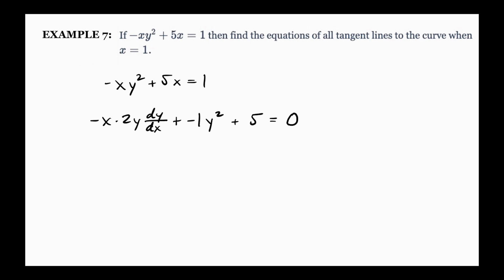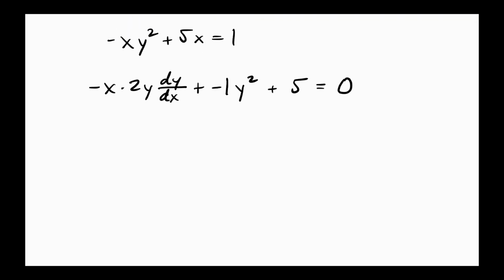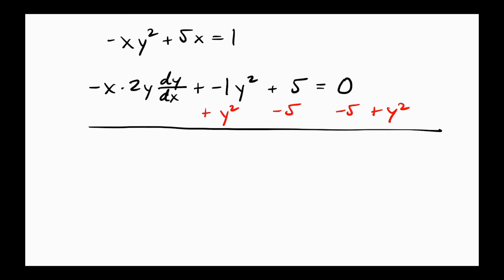All right. So now isolate dy dx. So everything that's not attached to a dy dx, I'm going to move to the other side of the equation. All right. So I'm going to subtract 5 here. And I'm going to add y squared because that one doesn't have a dy dx. So those go away. I'm going to write this a little differently.